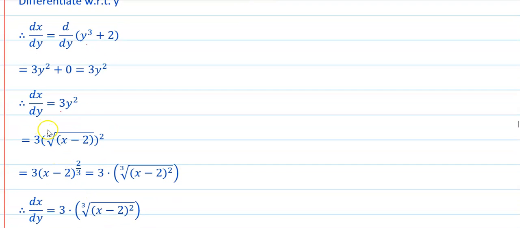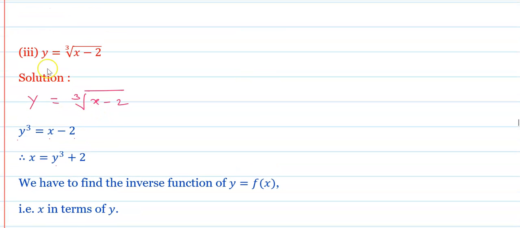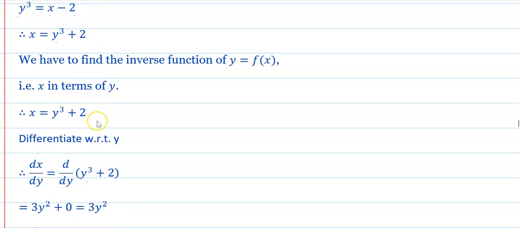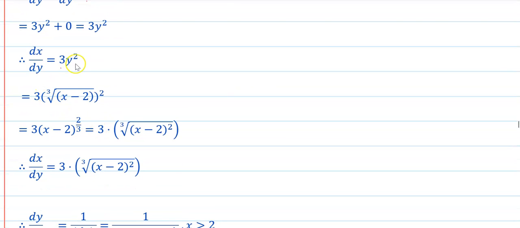Okay. And we will write here the value of y. What is y? Here, y is equal to cubic root of x minus 2, and here 3 times cubic root of x minus 2, squared. This is the value of y in terms of x.